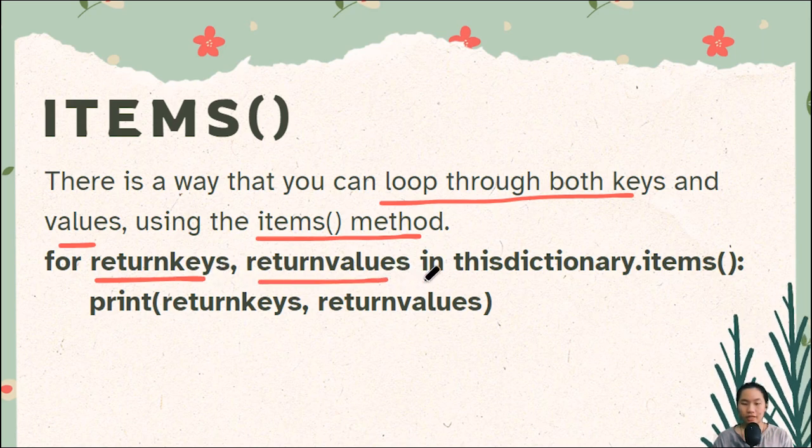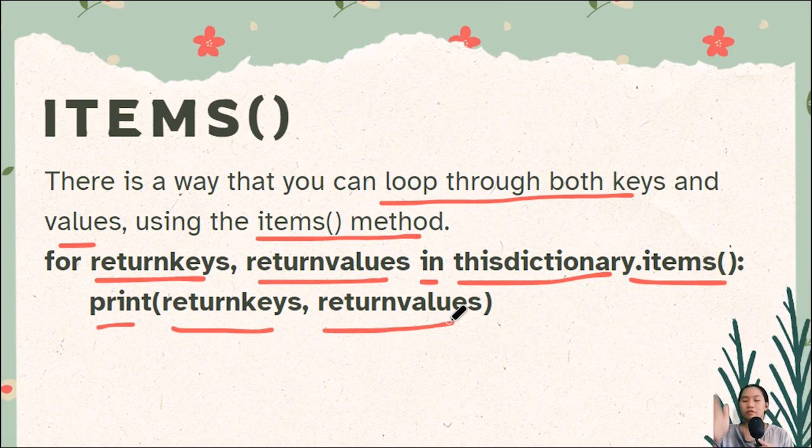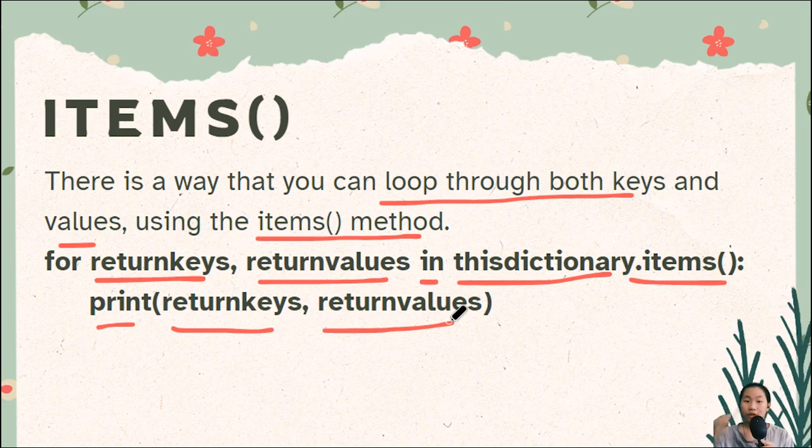For return values in this dictionary dot items, no need for any argument, print return keys and return values, so you get the keys listed here and then you get the value listed afterwards, okay? And they would go in pair, so you won't have any sort of confusion on that part.